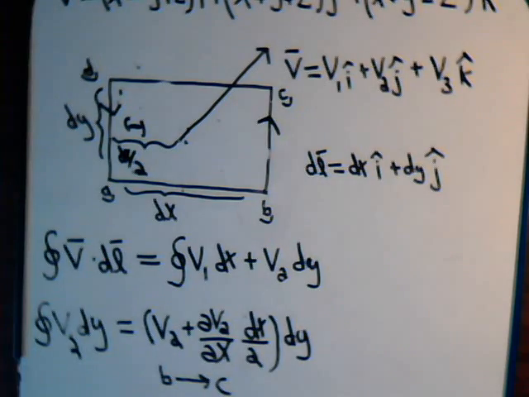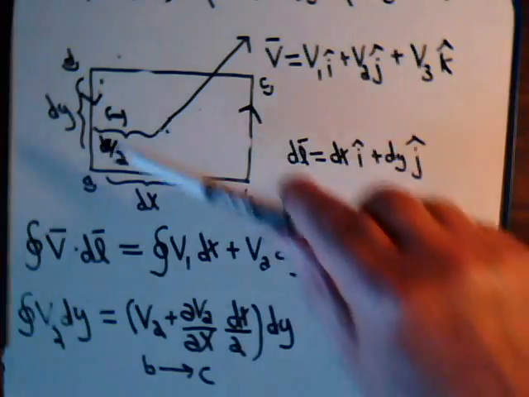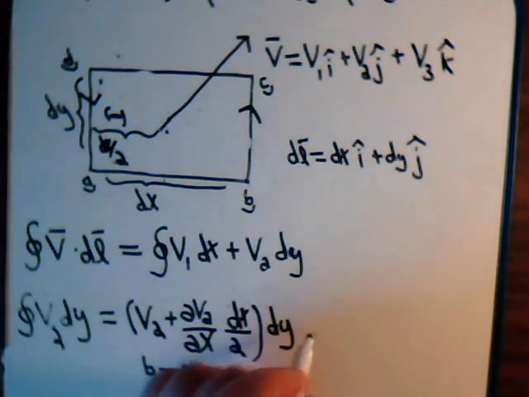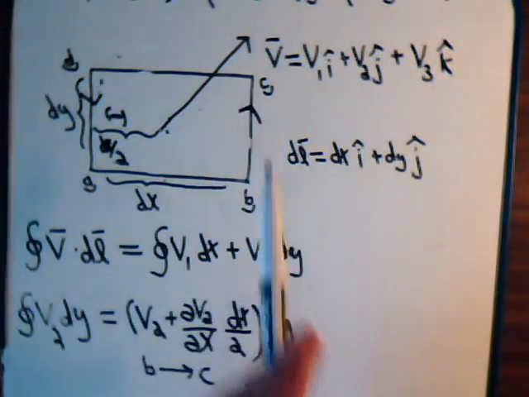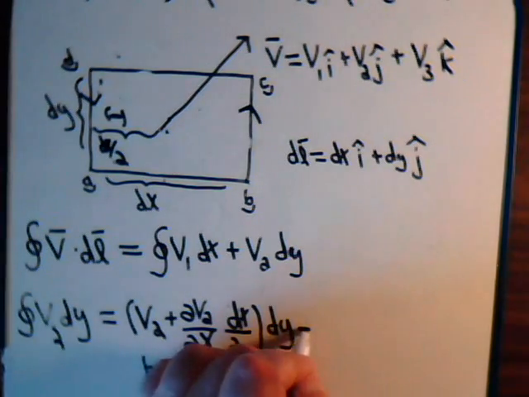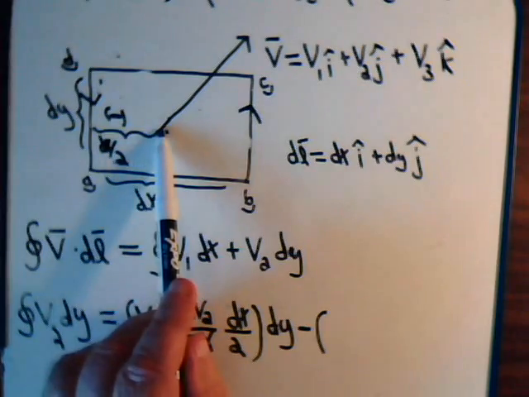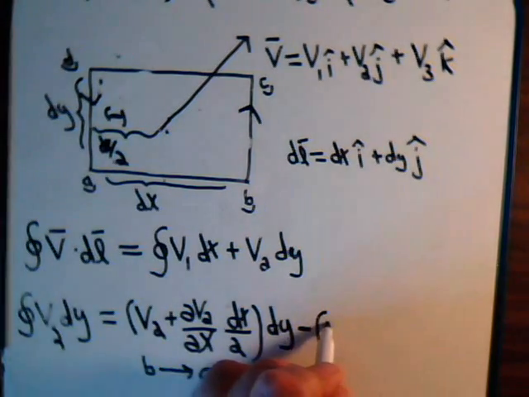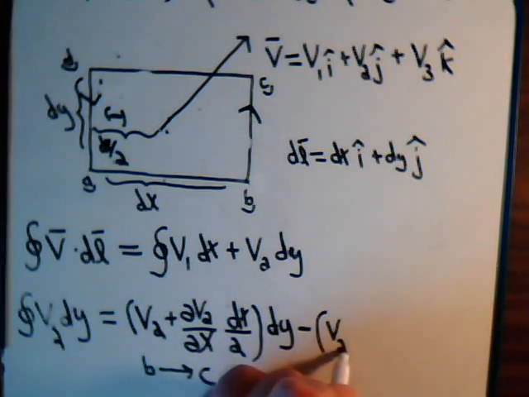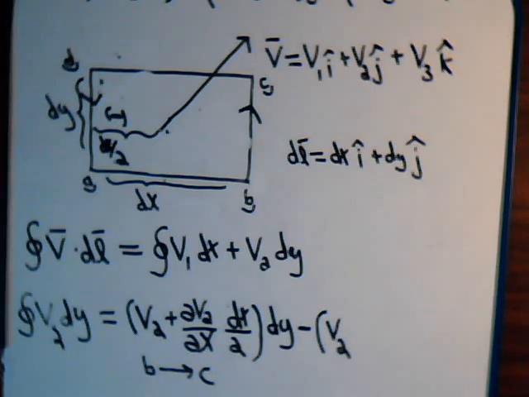Left is negative. So now, going from D to A, that's in the opposite direction of from B to C. We're going down instead of up. And the component v2 will be what it was originally, plus the amount of change.